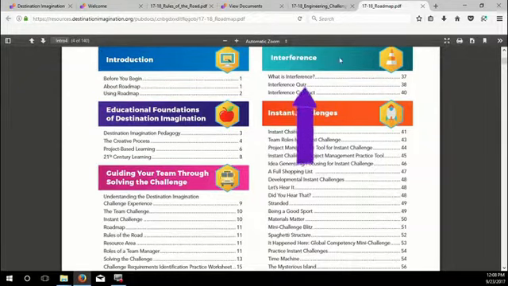In this interference section, it goes into pretty good detail about why the program emphasizes that this is a kid-done, learning through experience program. There are also very specific, helpful cheat sheets and Q&A on how to interact with your team and what's okay and what's not okay in terms of interference from an adult.